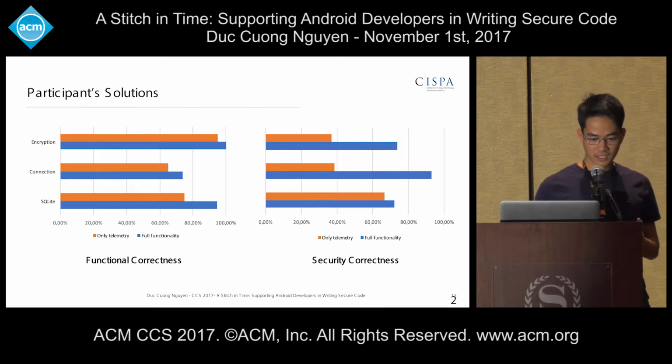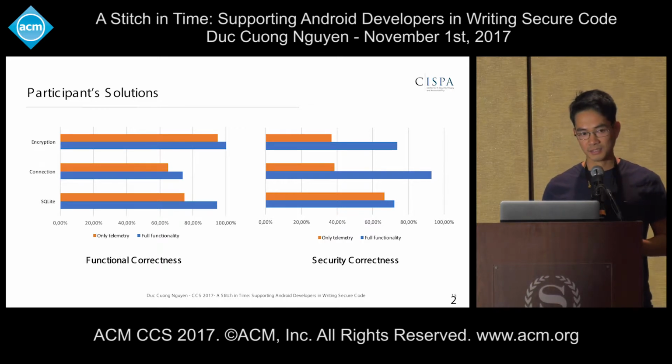Similar to the pilot study, once participants finish the study, researchers sit and manually examine whether a given solution is insecure or not. We first look at the functional correctness of their solutions.